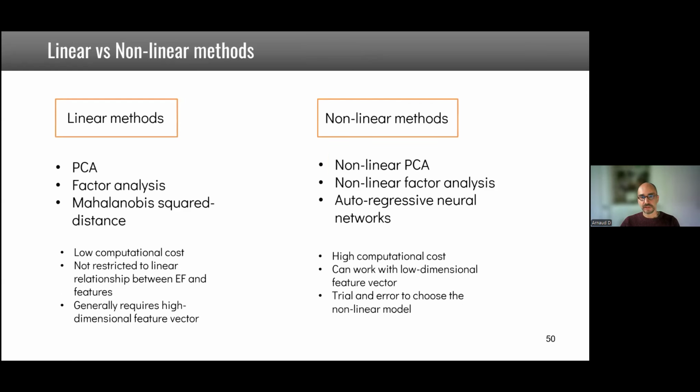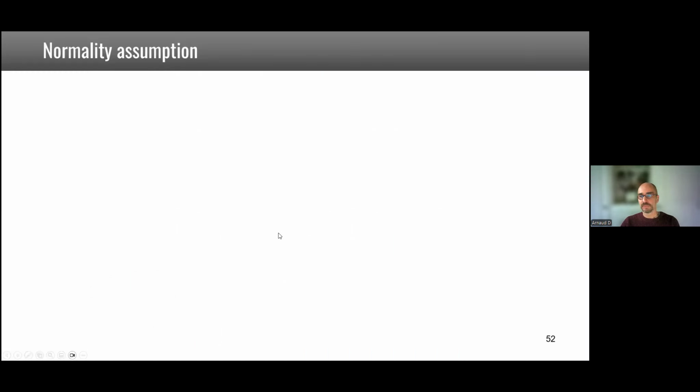The common thing about setting thresholds is that statisticians, or I mean, people who have done a bit of statistics, like to use the normality assumption. So they say, okay, my variable is Gaussian, or if I have a feature vector, it's multi-Gaussian. And from this hypothesis, which I've never verified, but I take as truth, I can set thresholds.